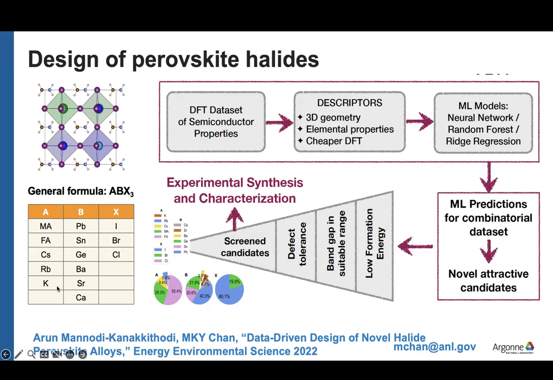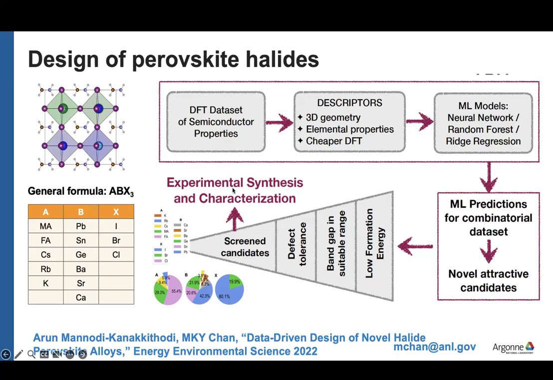The A-site cation can be a wide range of organic molecules as well as some inorganic ions. B-site cations can be a number of different main group ions, and I think people don't try transition metals, mostly because of the size. But the other additional flexibility is that they can be mixed. So the B-site can have mixed cations.